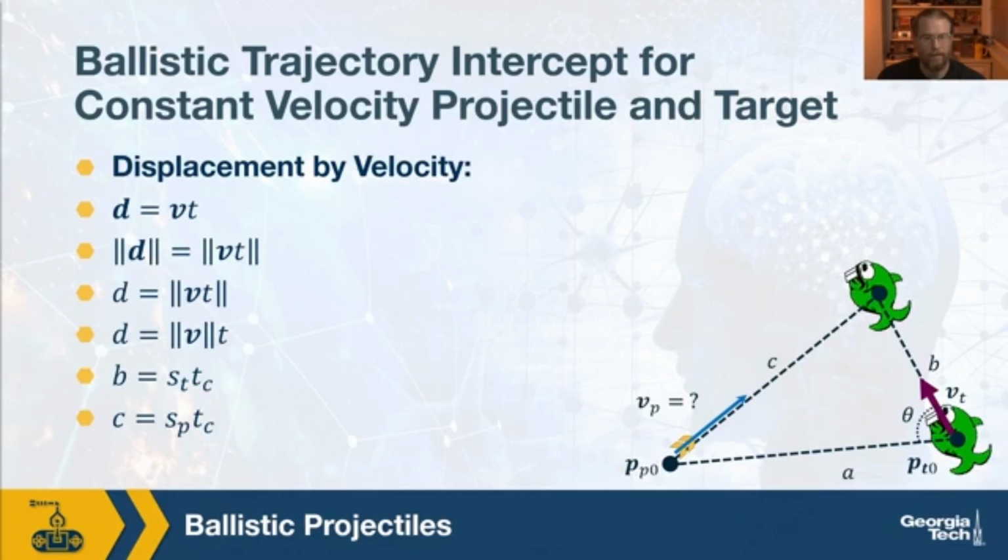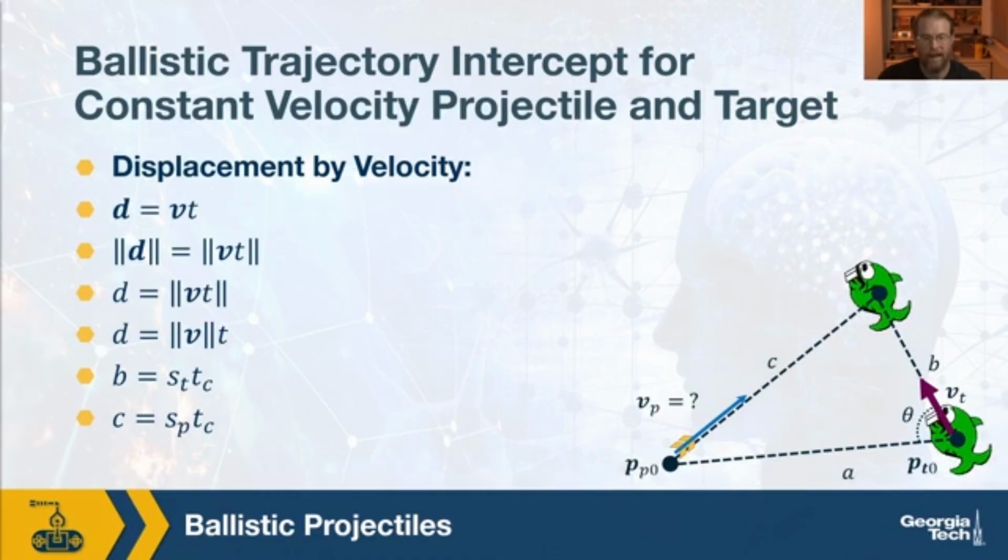All right, so next step, we'll use some particle dynamics, the displacement by velocity. If you take a vector v times some amount t, then you know how much it moves in the x and the y dimensions. We could also figure out the magnitude of this movement.